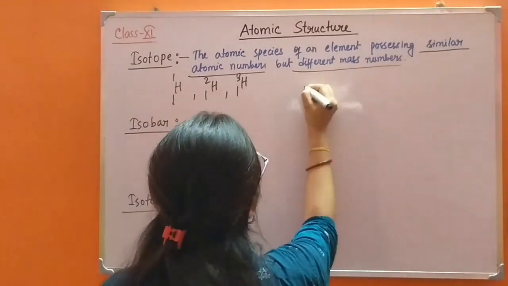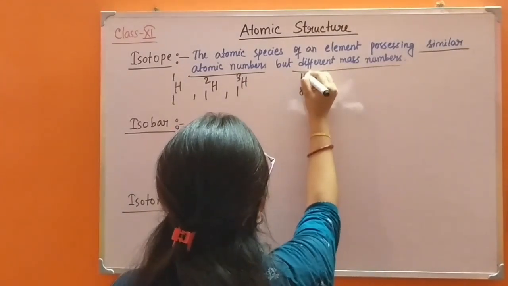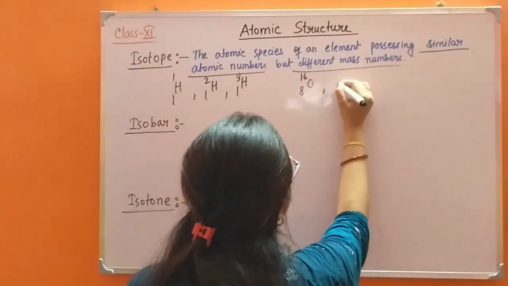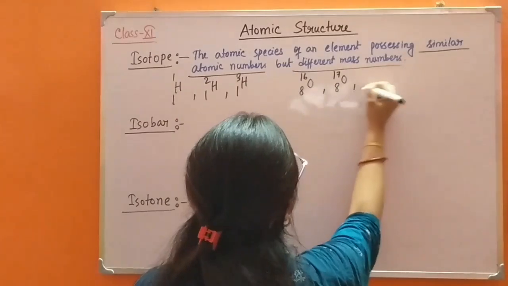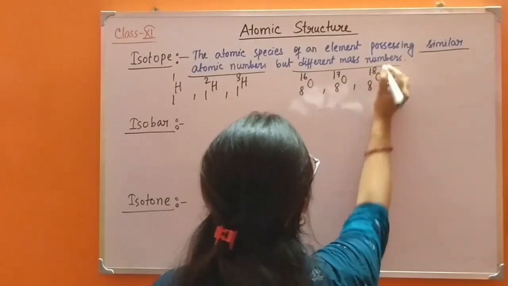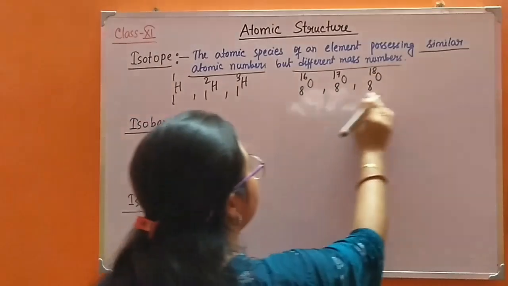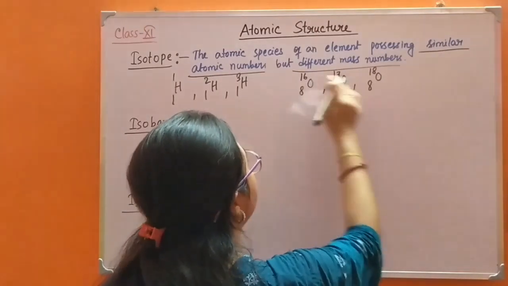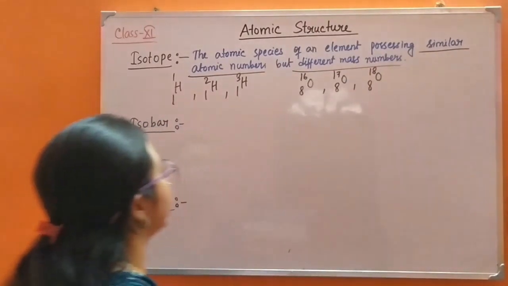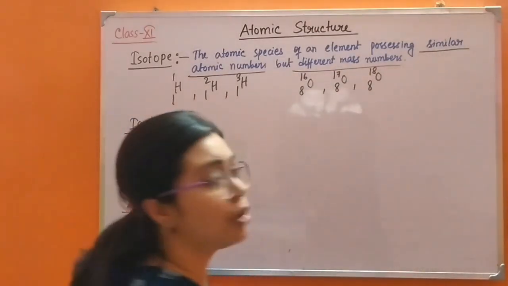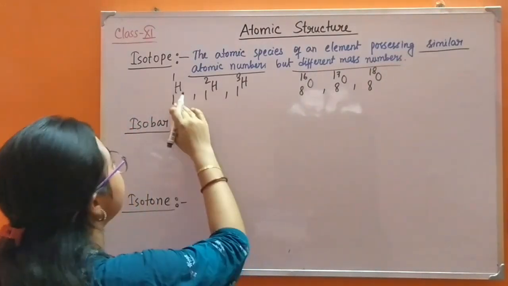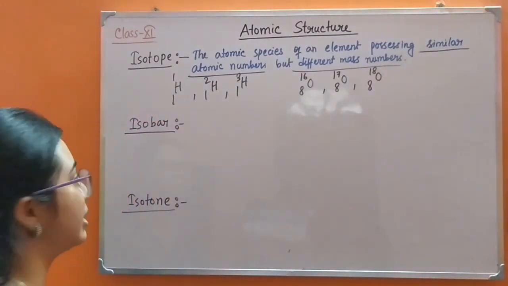Another example is oxygen: 8O16, 8O17 and 8O18. Here atomic numbers are the same, elements are the same but mass numbers are different. So these are the isotopes of oxygen and these are the isotopes of hydrogen.